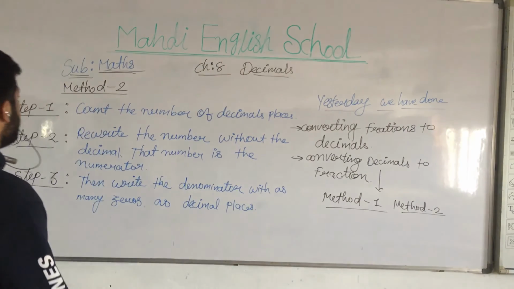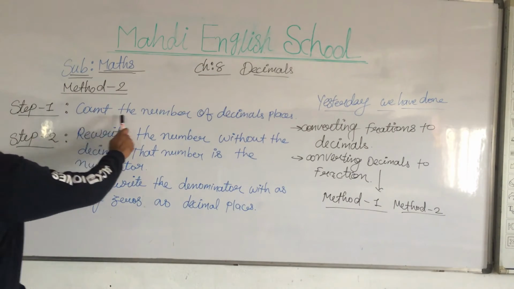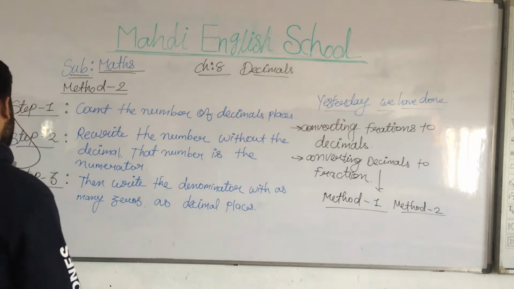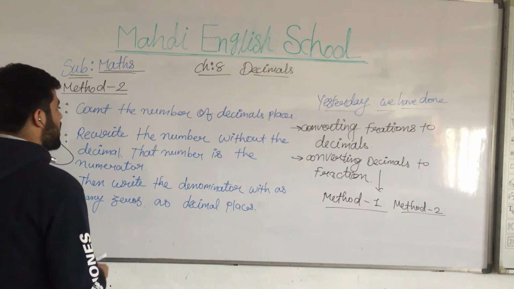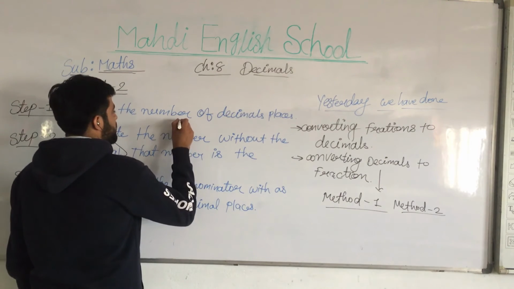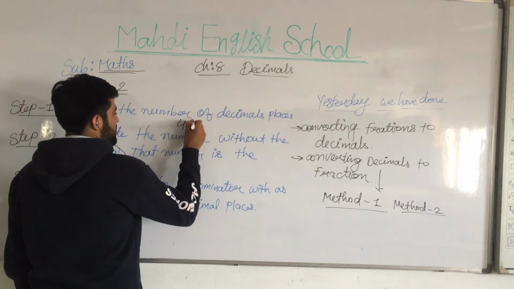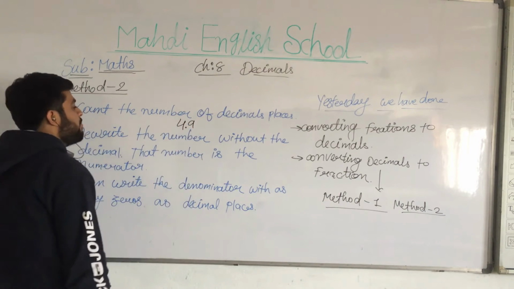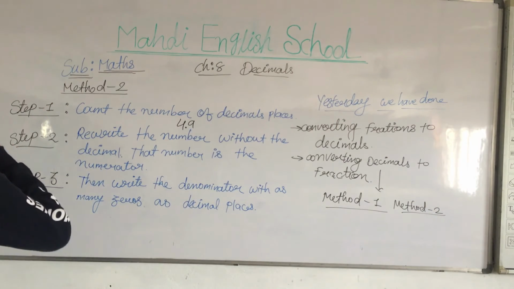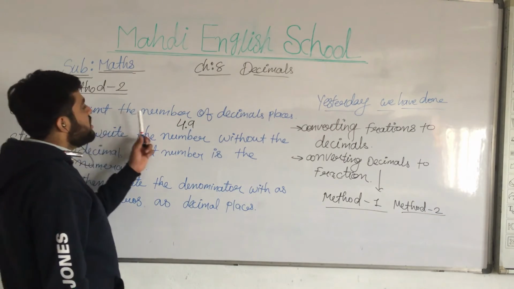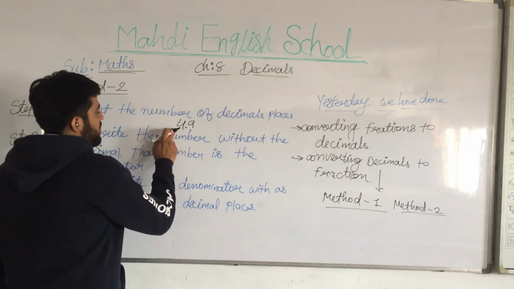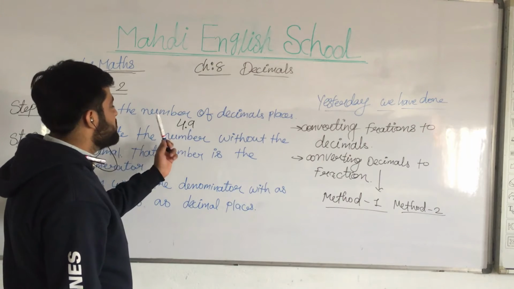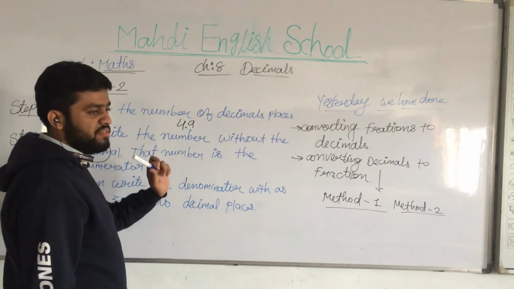So the first step is to count the number of decimal places. Means we have to count in the number 4.9. Before the decimal point is 1 digit and after the decimal point is 1 digit.